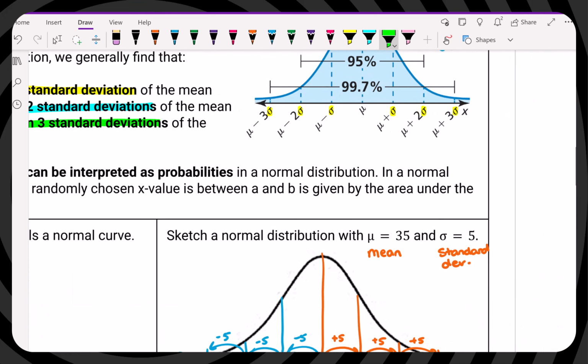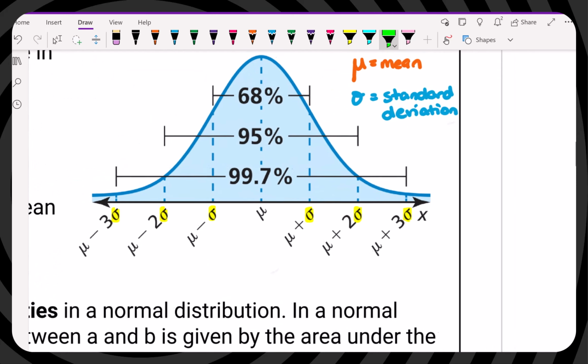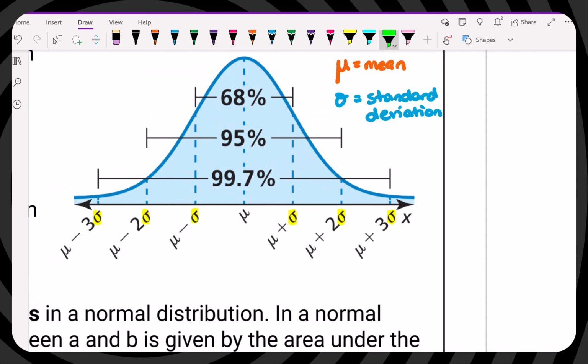So if you look over here, it's going to be really hard for you to highlight this on your paper, so just kind of watch me on the screen. So if I wanted to highlight just the data within 1 standard deviation, so this is plus 1 standard deviation here, and this is minus 1 standard deviation. So within 1 standard deviation would be all of the data values that land between these 2 values right here.